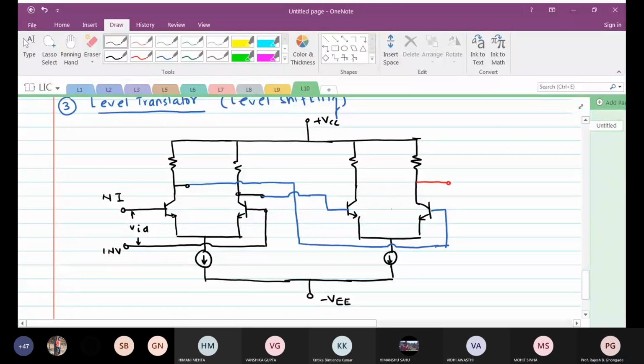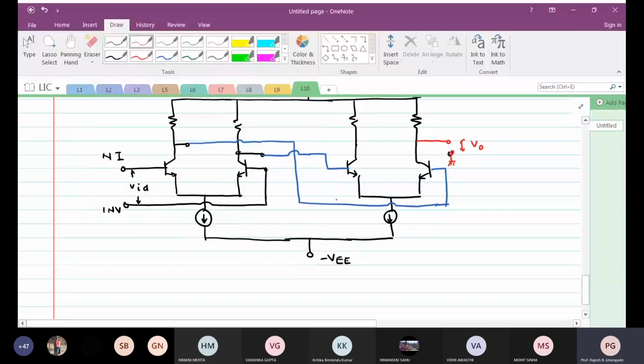And this is going to be the output with respect to ground. Now if you see carefully, the voltage at this point, or at any point as a matter of fact, for that I'll probably have to go back to Multisim to show you this. So just hold on.